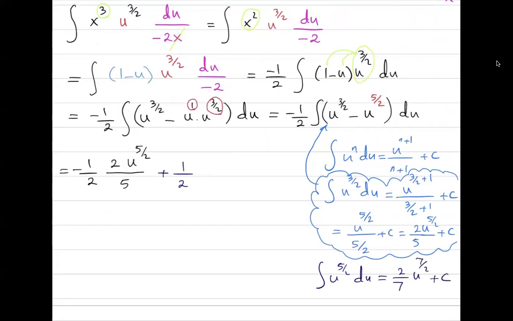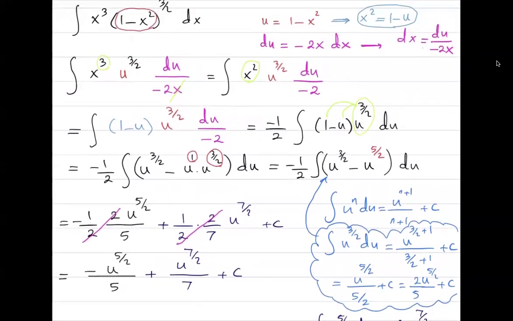This is your second integral. Okay, we can simplify this further. We can get rid of 2 and 2. Your first integral is negative u to power 5 over 2 divided by 5, and the second integral is u to power 7 over 2 divided by 7 plus constant of integration.